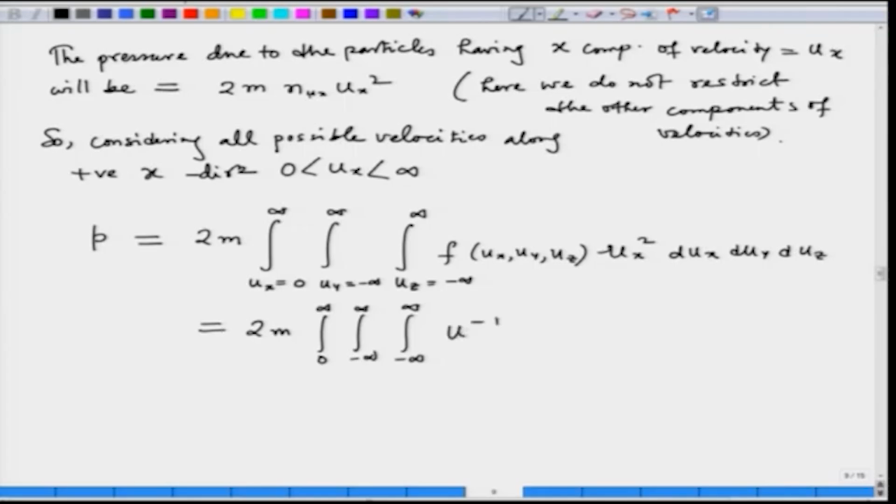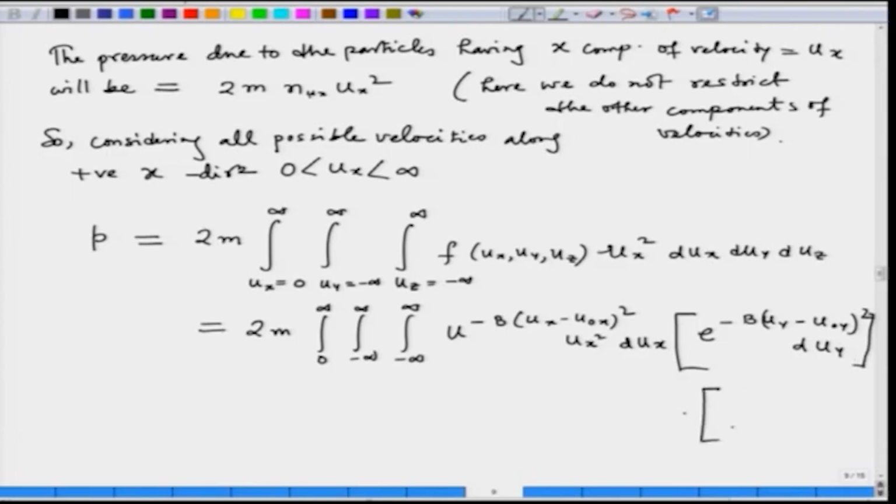You will have to evaluate the integral of e to the minus b ux minus u0x whole square, ux whole square dux, and there will be another term, e to the minus b uy minus u0y whole square duy, and the same thing for uz.